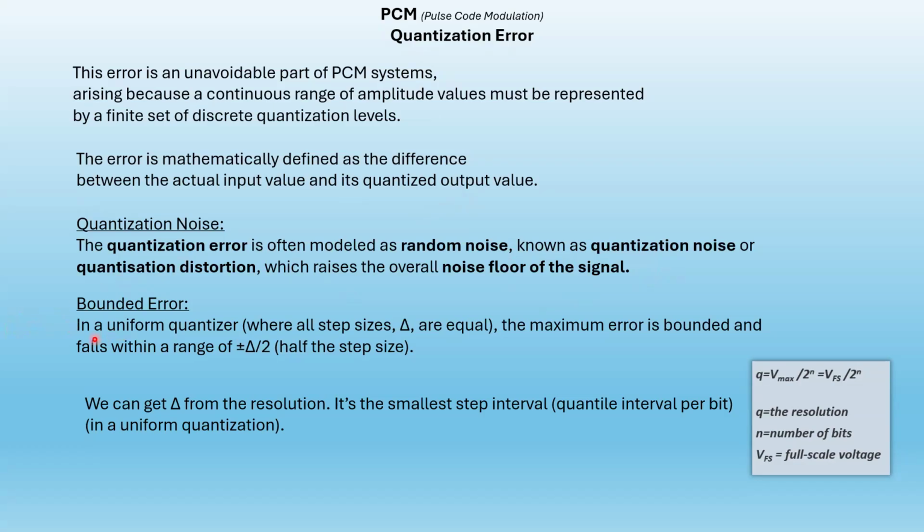Bounded error in a uniform quantizer. Remember what a uniform quantizer is? Uniform quantization is when all the steps are equal to each other vertically. In non-uniform, the smallest changes have finer chopping, so we can see the smallest amount of changes.